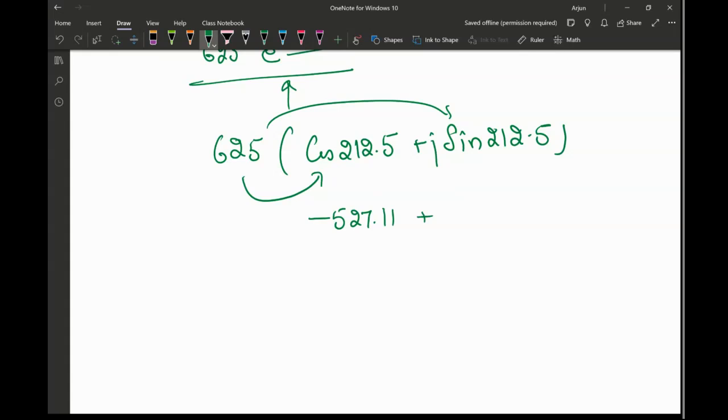Let me quickly check my calculator to see if it is in degree mode. Sine of 30 is 0.5, so yes, it is in degree mode.